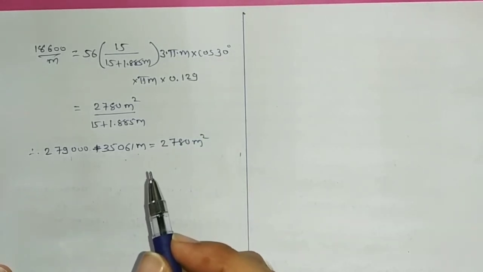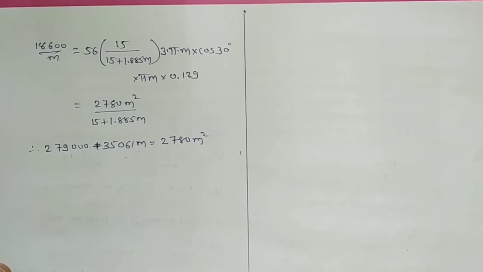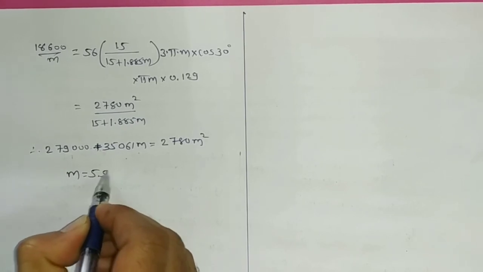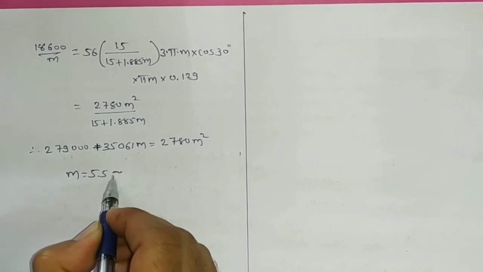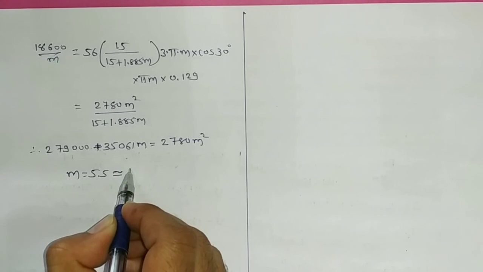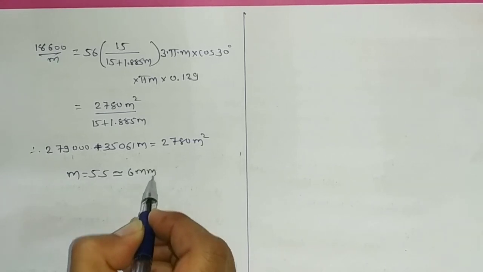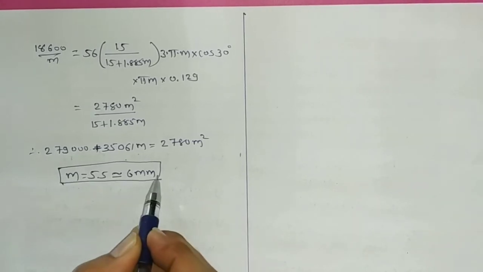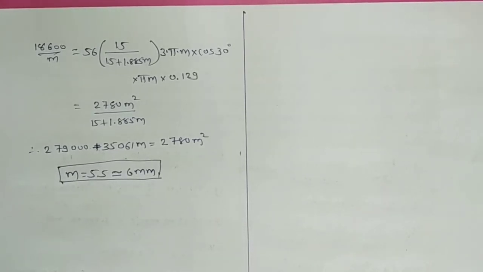Okay. Now solve this equation by hit and trial method. So you will find module m is equal to 5.5, say 6 mm. Okay, this is our answer. Module M is 6 mm.